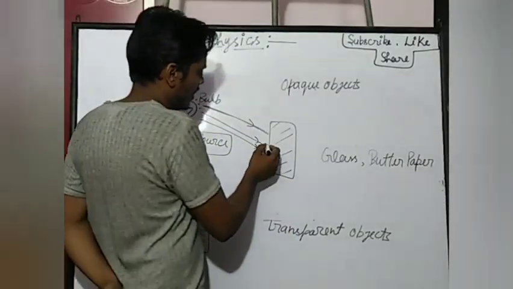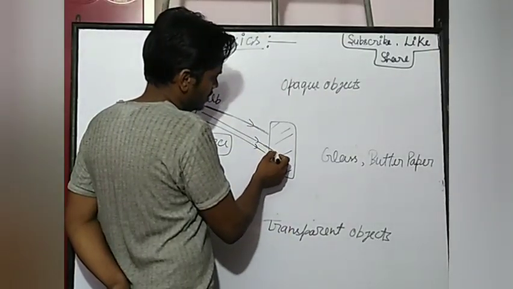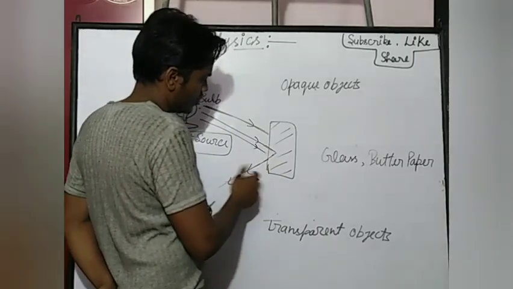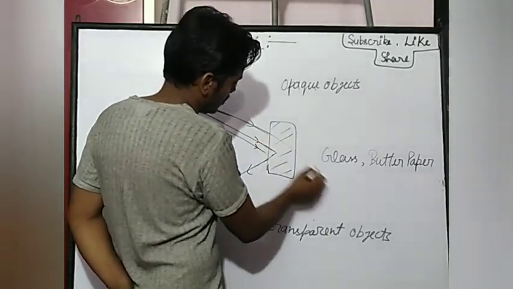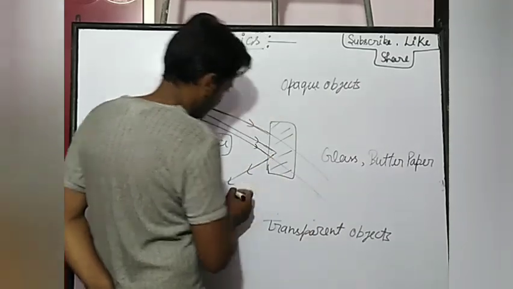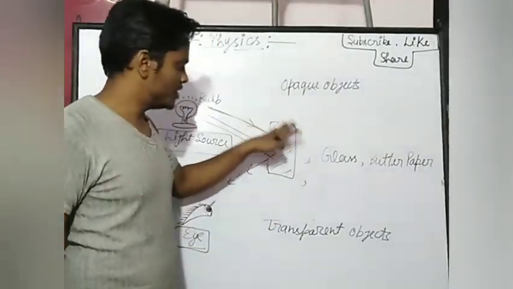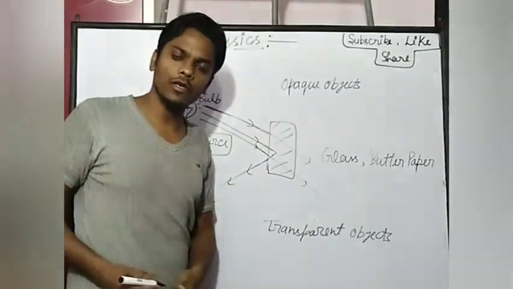Then what will happen here? Some rays will not pass through. See, some rays will not pass through this paper, but some rays will.